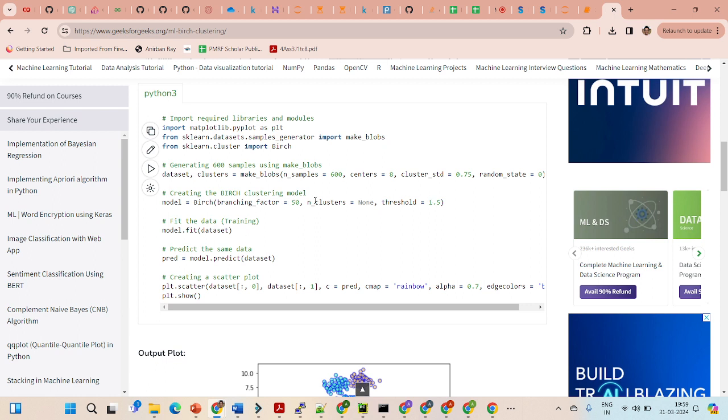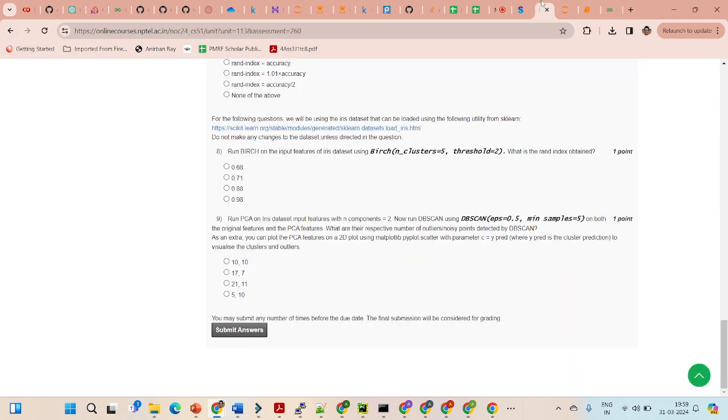Branching factor is not given, but they have used it. Then they fit the model on the dataset, which is the iris dataset, and they have got the prediction.